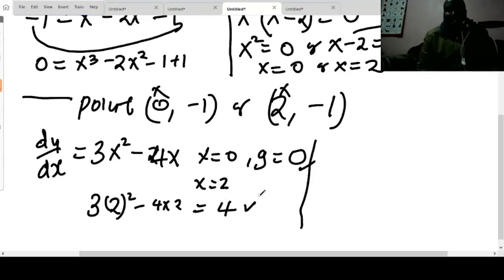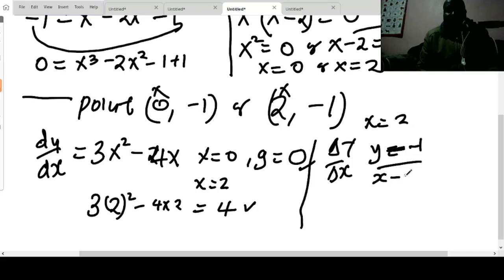Now we have the point, we have the gradient. So we will say the gradient is equal to change in y over change in x. When x is equal to 2, so we are going to say y is equal to, y minus the point minus 1 over x minus 2. We are going to have the gradient, which is 4, right? And so now utapata gradient, and then we say when x is equal to 0, hapo utapata the equation. Tumemaliza.